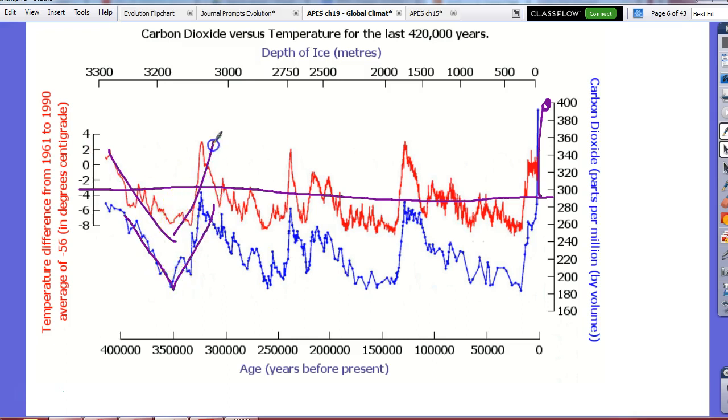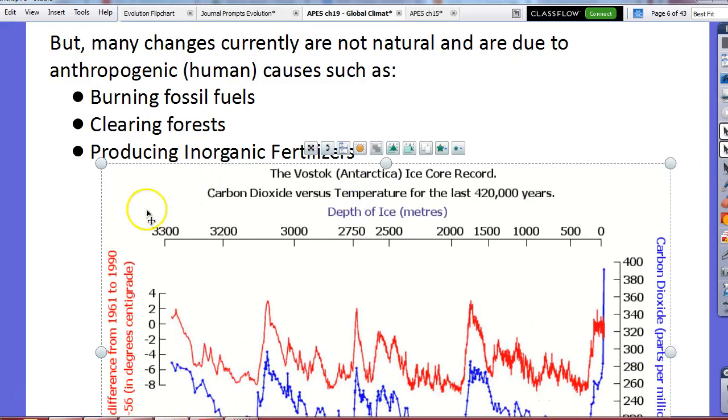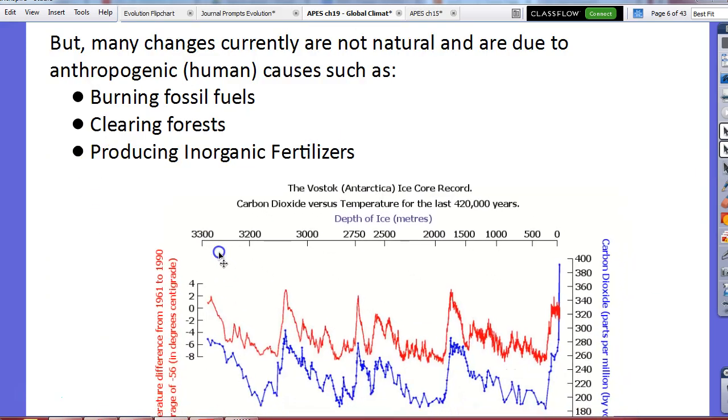Every time it goes up, the temperature goes up. So a lot of these changes in CO2 and in temperature are thought to be a result of anthropogenic or human causes, like burning fossil fuels, clearing forests, creating fertilizers.